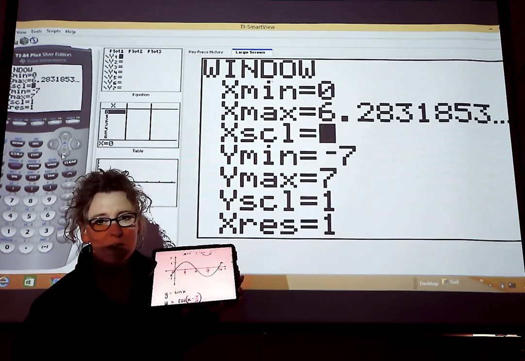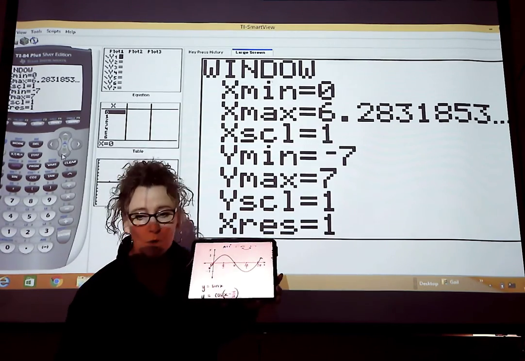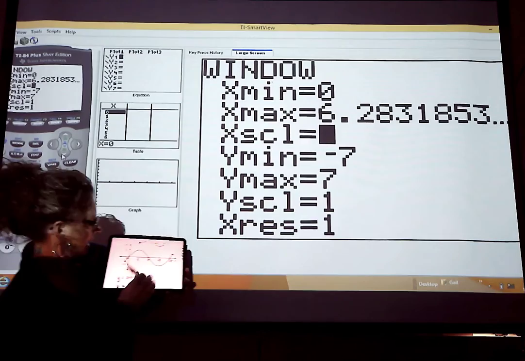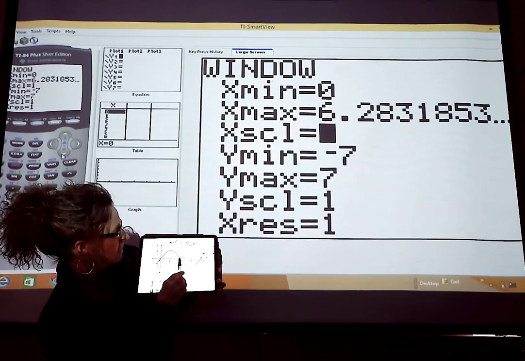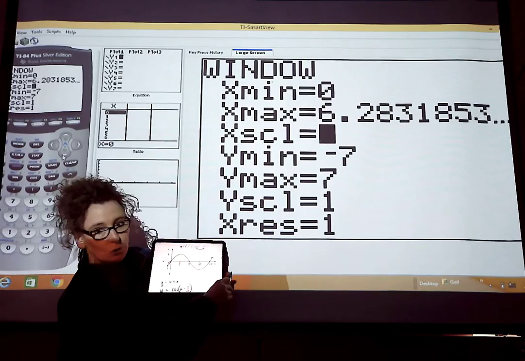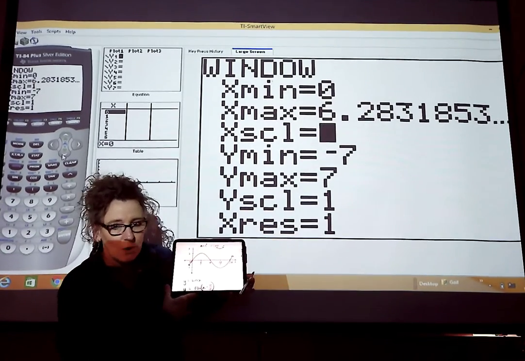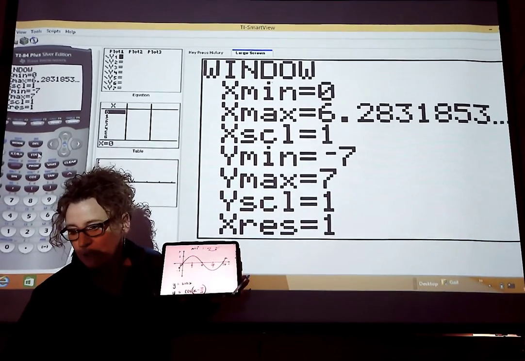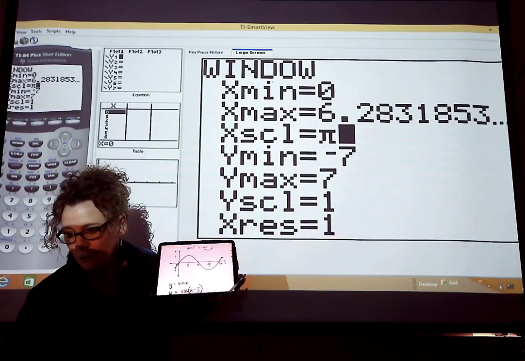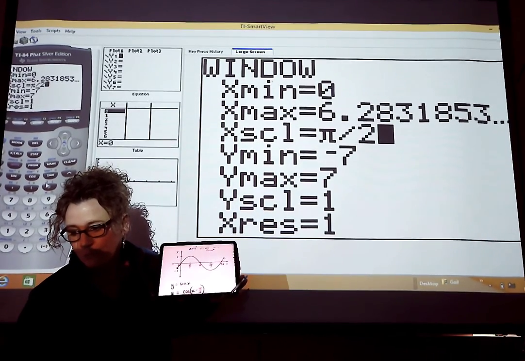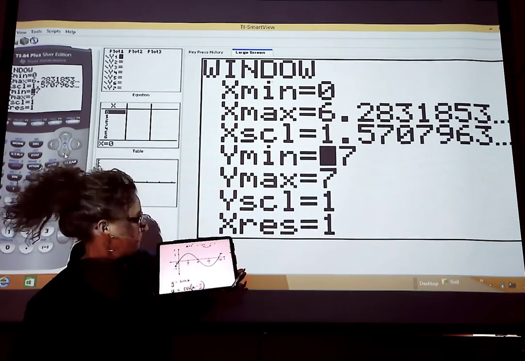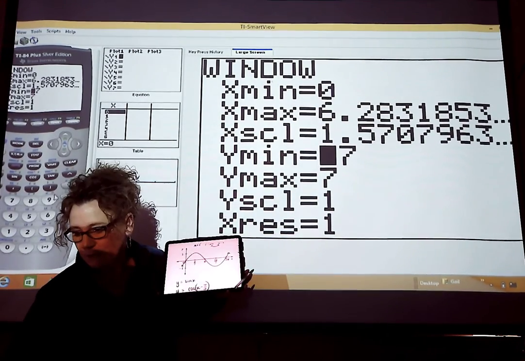It's kind of cool. X scale: what are we counting by on our x-axis? I think we're counting by pi over 2, 2 pi over 2, 3 pi over 2, 4 pi over 2. We're counting by pi over 2. That's what I want my scale to be, so I'm going to type pi over 2, and then it'll change it to decimal form. Y's, let's go from -1 to +1.